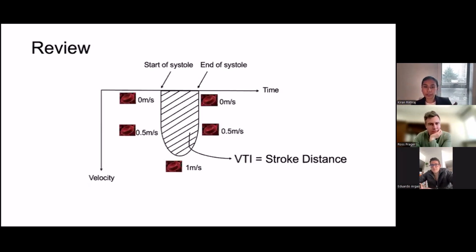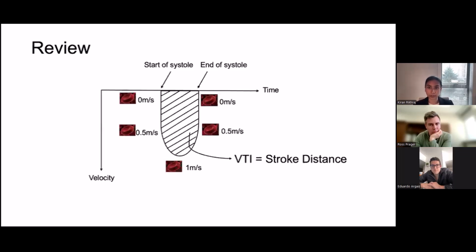So what really is the velocity time integral? You can refer to it as the stroke distance. It's the distance that red blood cells travel during systole. At the start of systole, blood is not moving, so its velocity is 0 meters per second. The moment the aortic valve opens and the LV contracts, blood accelerates through the aortic valve, rapidly gaining a speed of, say, 0.5 meters per second.